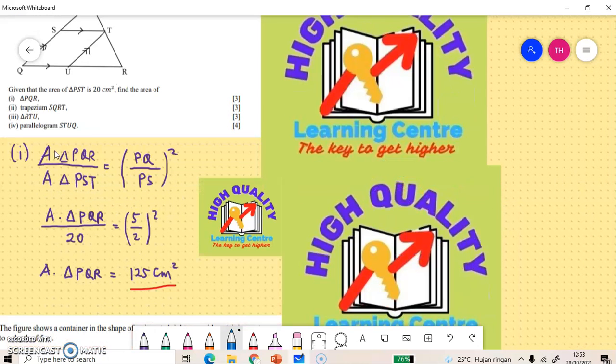This is the formula: the ratio between the area of PQR and the area of PST is the ratio of PQ and PS, squared. Don't forget to square. Input the values: PQ is 5, PS is 2, and the area of PST is 20. So we square first and then multiply by 20. We get 125 centimeter square.